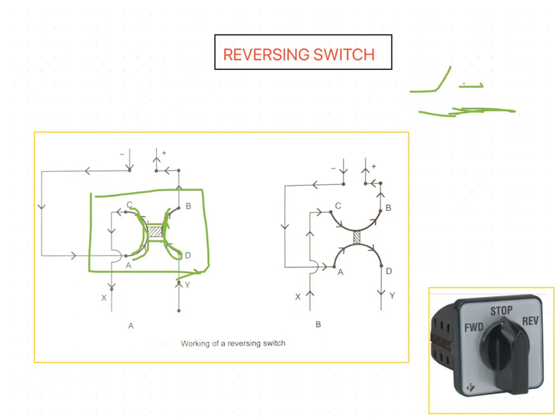Four equidistant contacts are arranged so that one touches each end of the strip. So here we have A, B, C and D. These are the equidistant contacts of this switch, at each end of each strip.